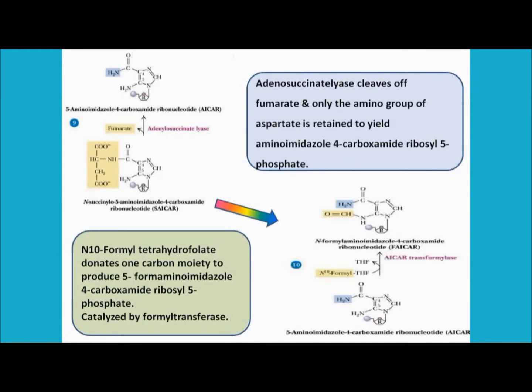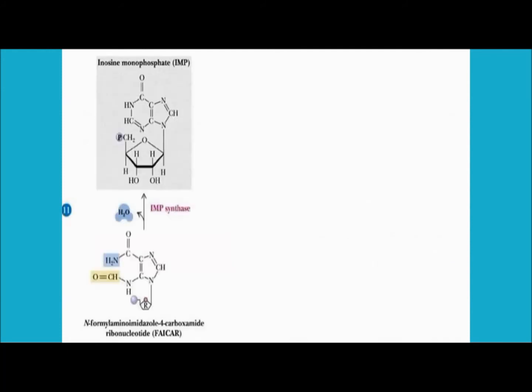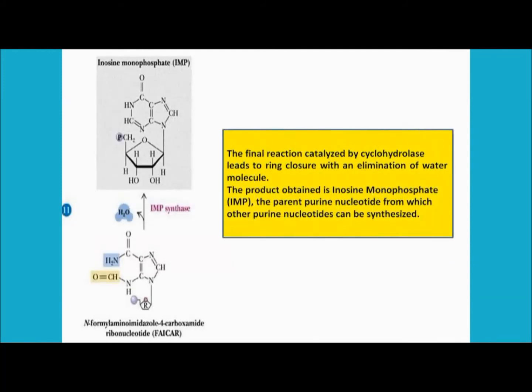So we are coming to an end. The final reaction will be catalyzed by the enzyme cyclohydrolase, which leads to the ring closure. Now the ring is going to close, and the product obtained is the inosine monophosphate, which is also abbreviated as IMP.